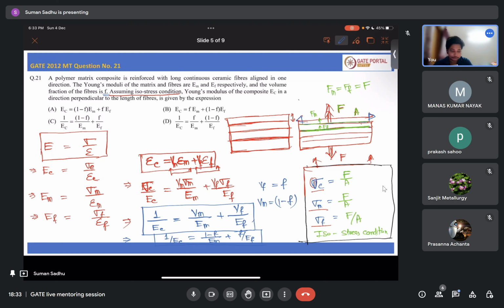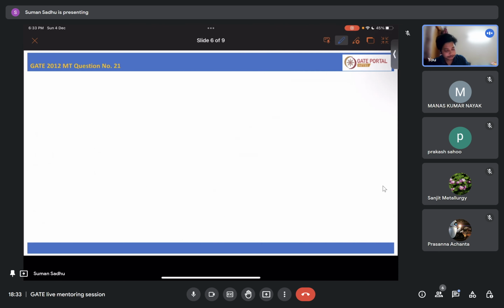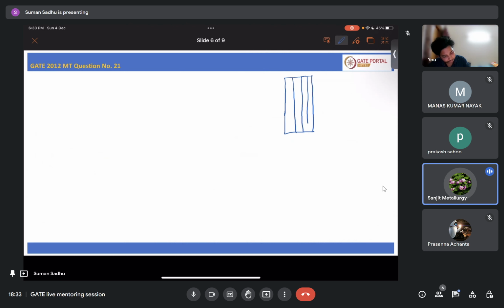Okay, so now what will be the expression for the longitudinal direction, if we load in the longitudinal direction? Sir, like in the previous case we equated the stress, in this case we will equate the strain in both.